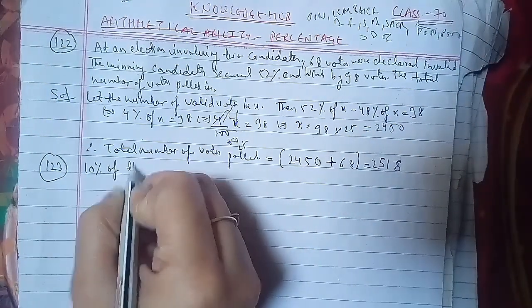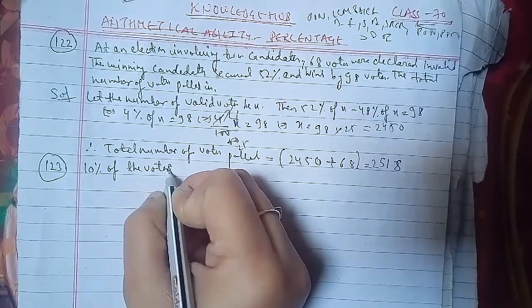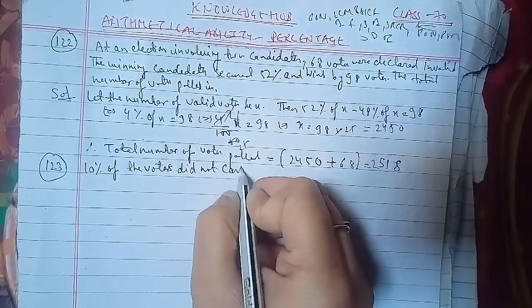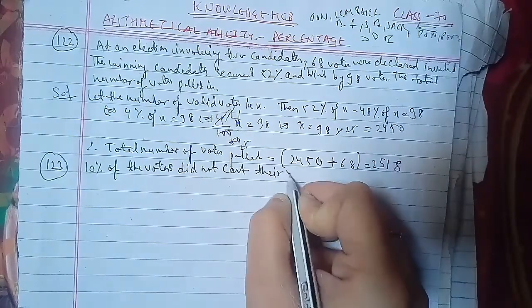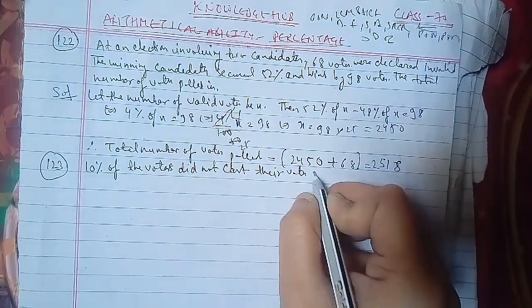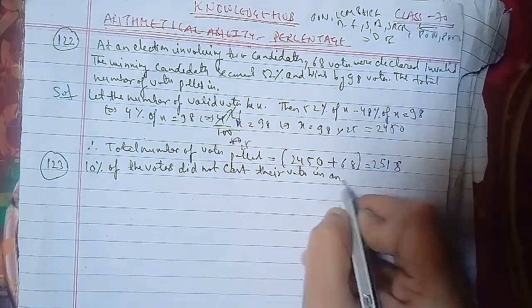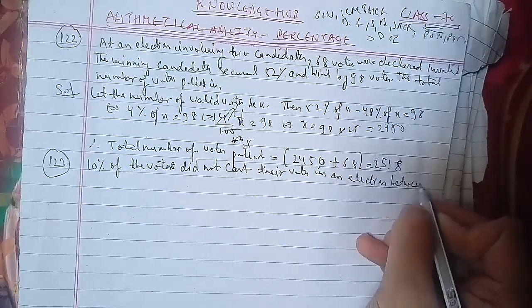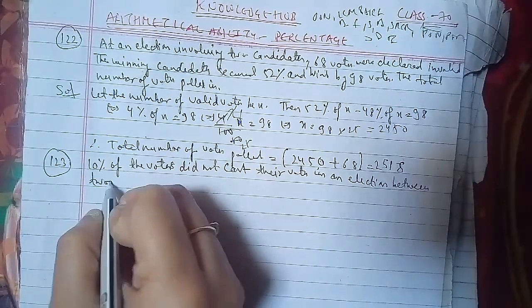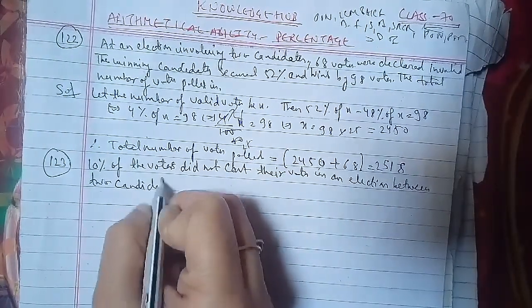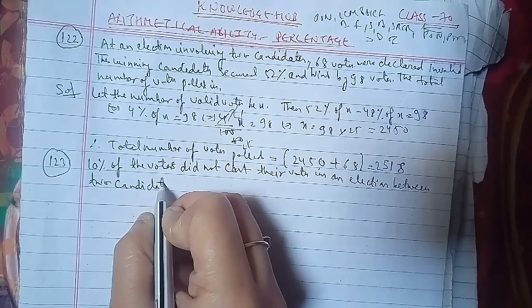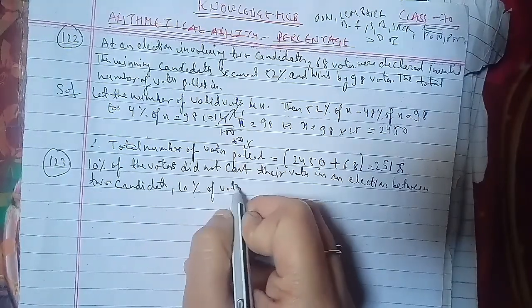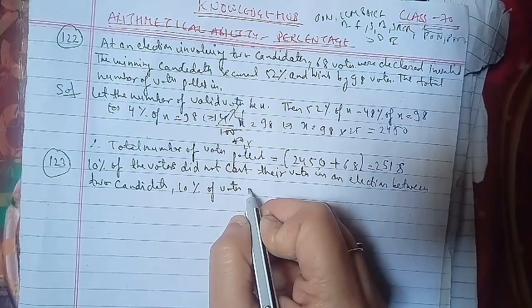10% of the voters did not cast their vote in an election between two candidates. 10% of votes polled were found invalid.